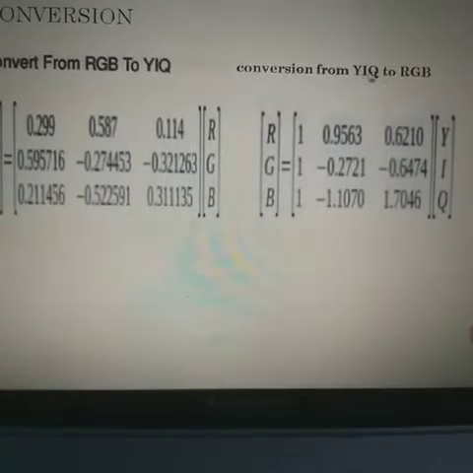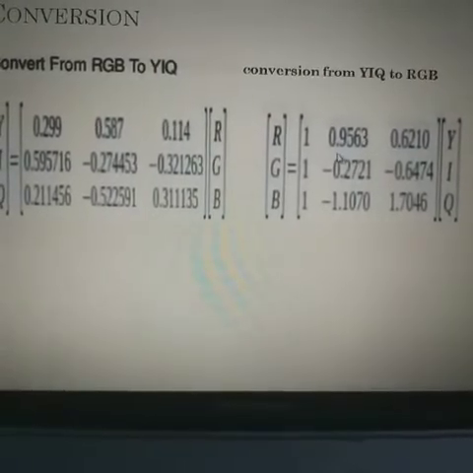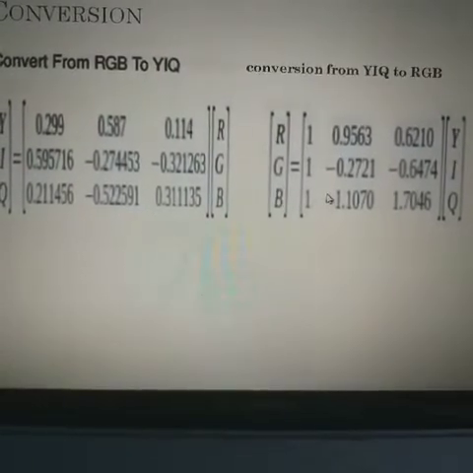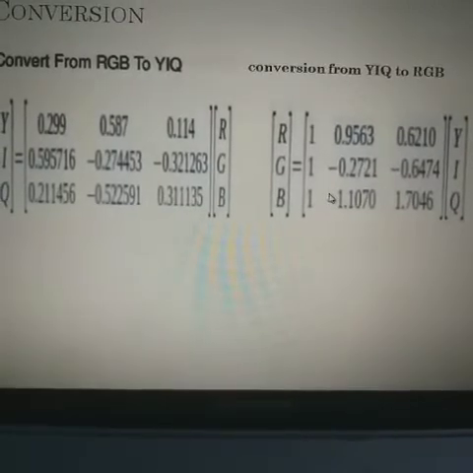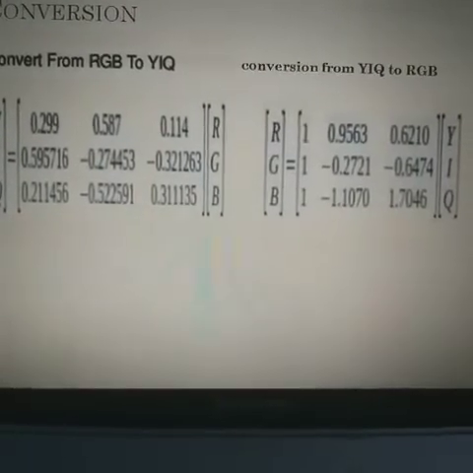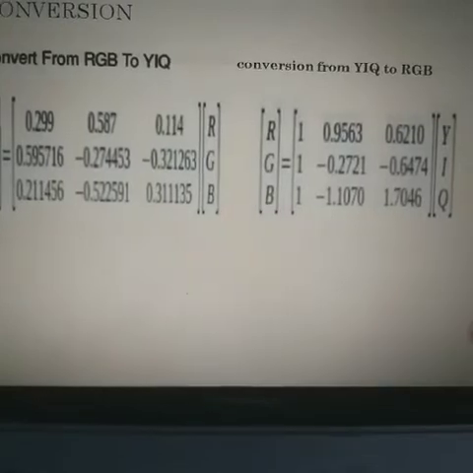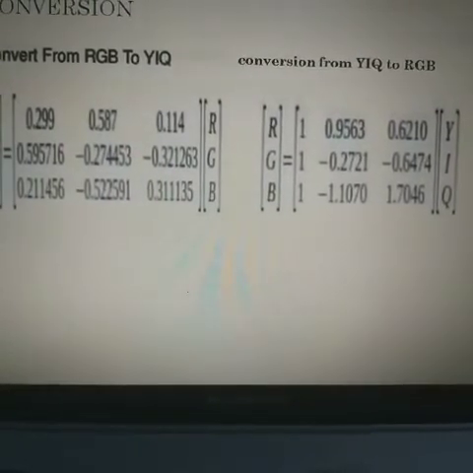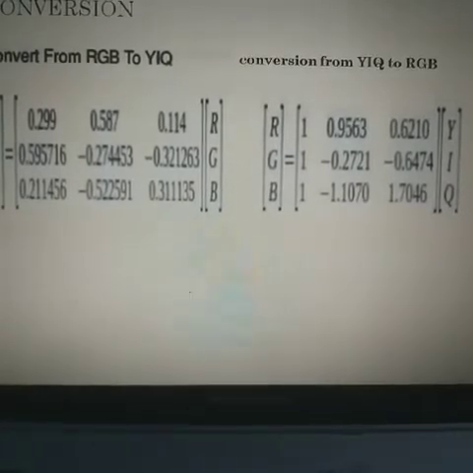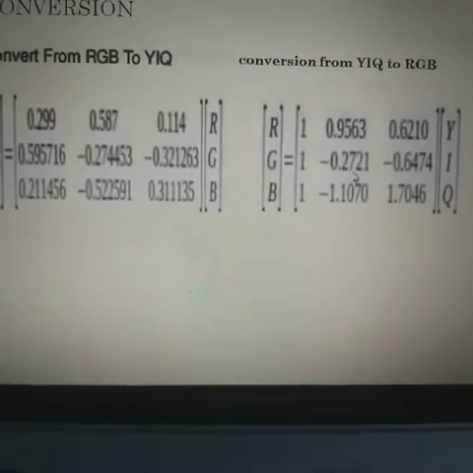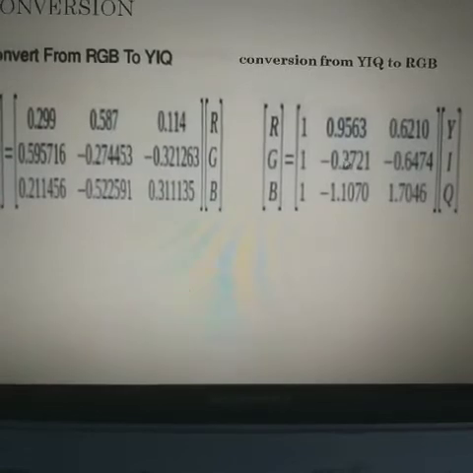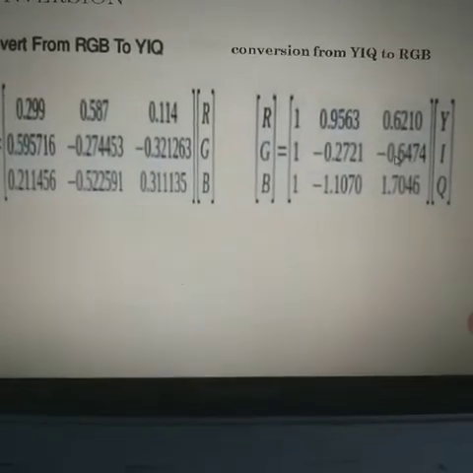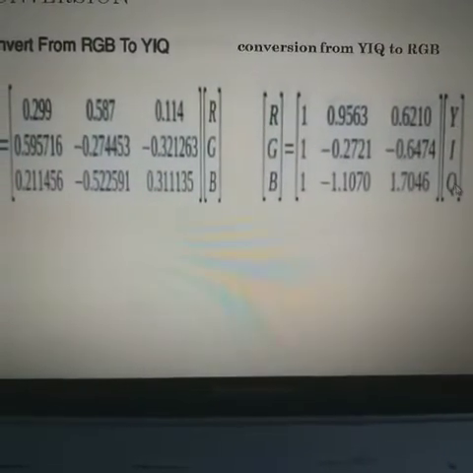Similarly, for the conversion from YIQ to RGB, we get the original colors by multiplying a matrix with values like 1, 0.956, 0.621, and minus 0.272 with the YIQ values.